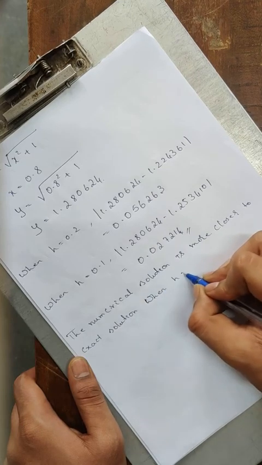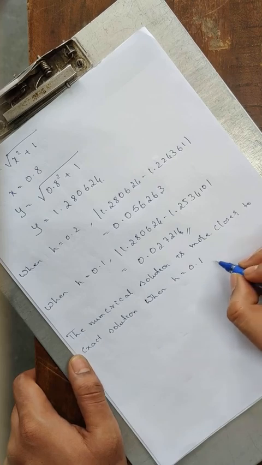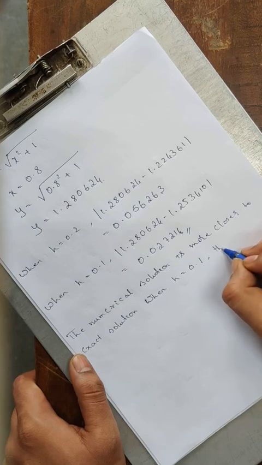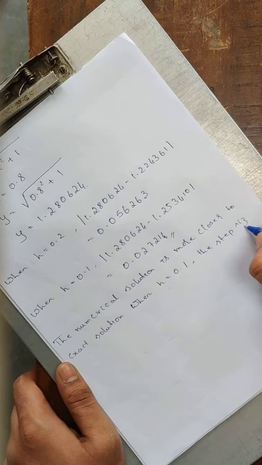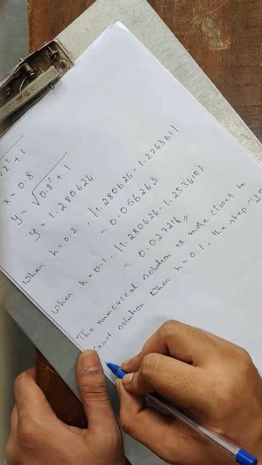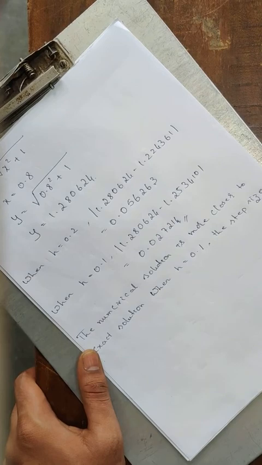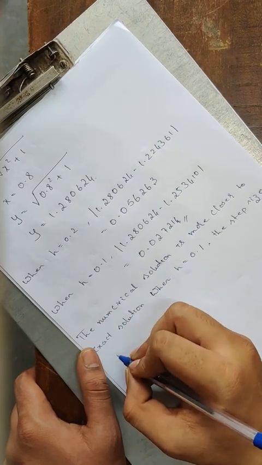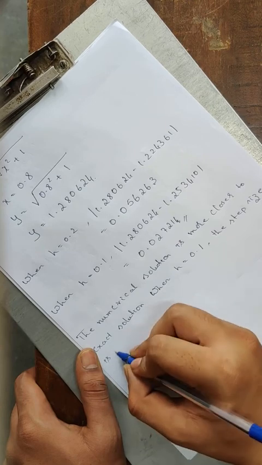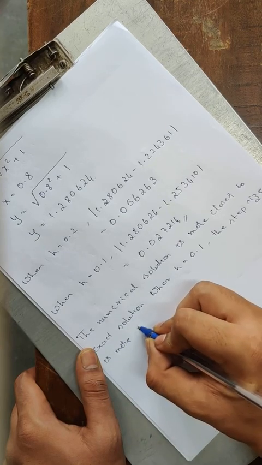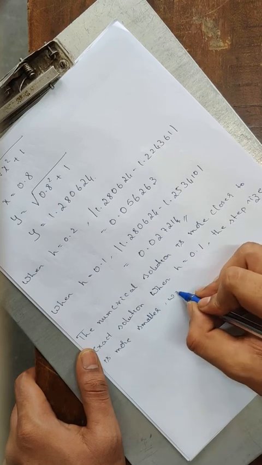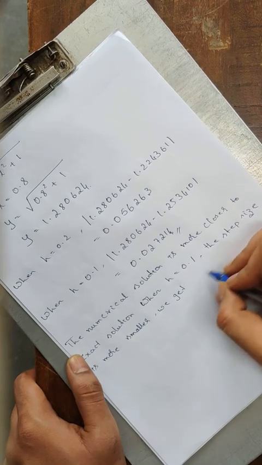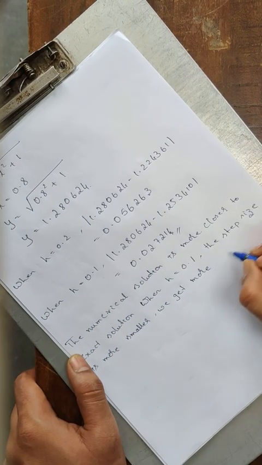The numerical solution is more closer to the exact solution when h is equal to 0.1. When the step size is smaller, we get a more accurate solution.